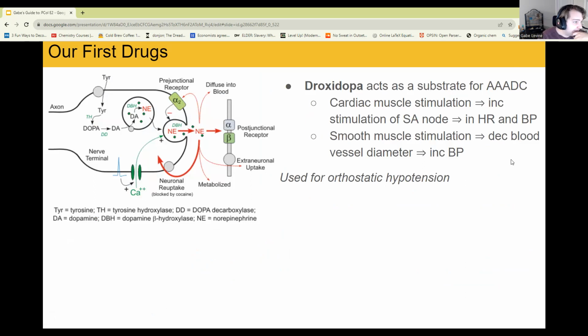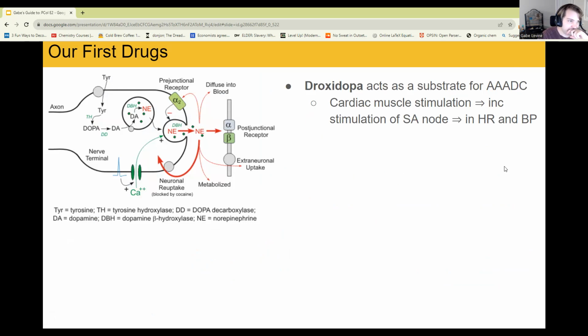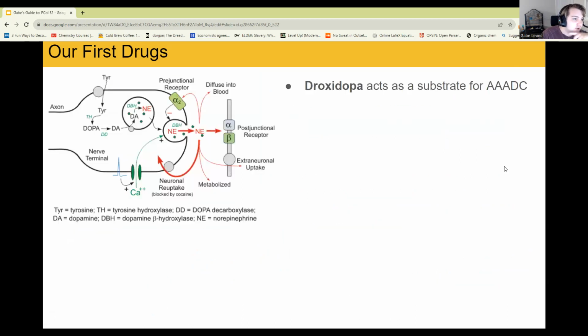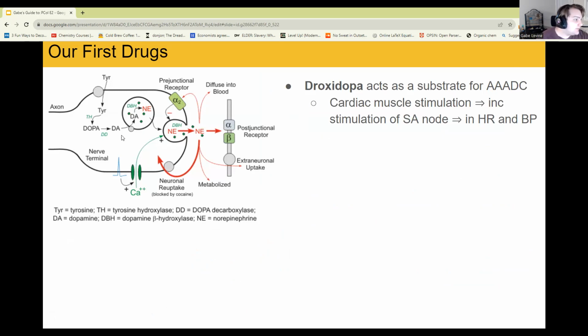The flip side to this is what happens if we want to increase the release of a neurotransmitter. So for Botox, we are preventing acetylcholine release, but for droxidopa, it is acting as a substrate of dopa decarboxylase, which is enabling more norepinephrine production.